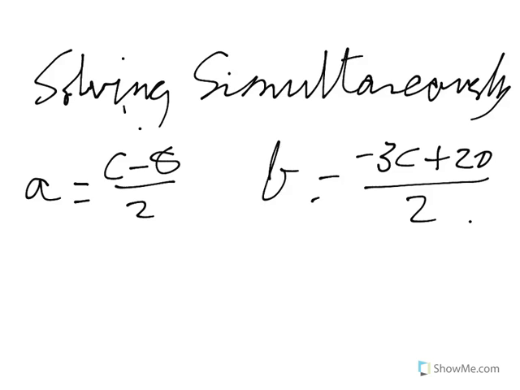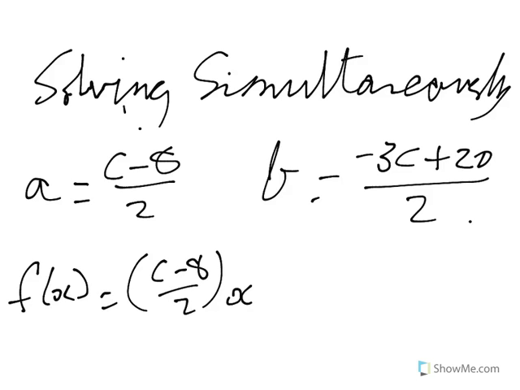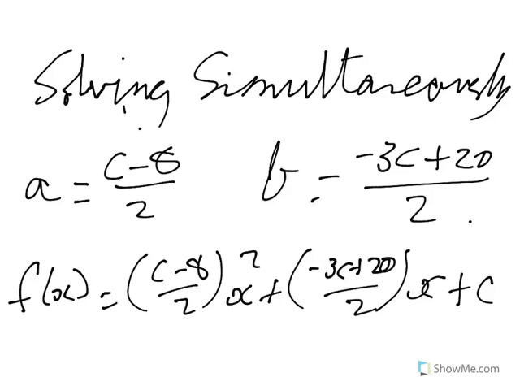So our quadratic function then is f(x) equals (c minus 8) over 2 times x squared plus (negative 3c plus 20) over 2 times x plus c. So that's a family because we've got this c in there.